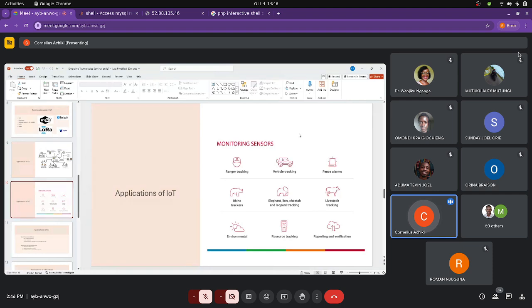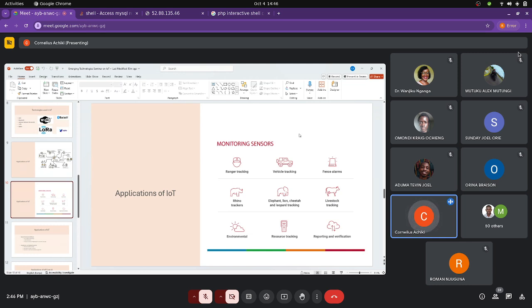This one is a depiction from one of our clients who runs a conservancy, and they run a sensor network that monitors all these aspects. They have ranger tracking.